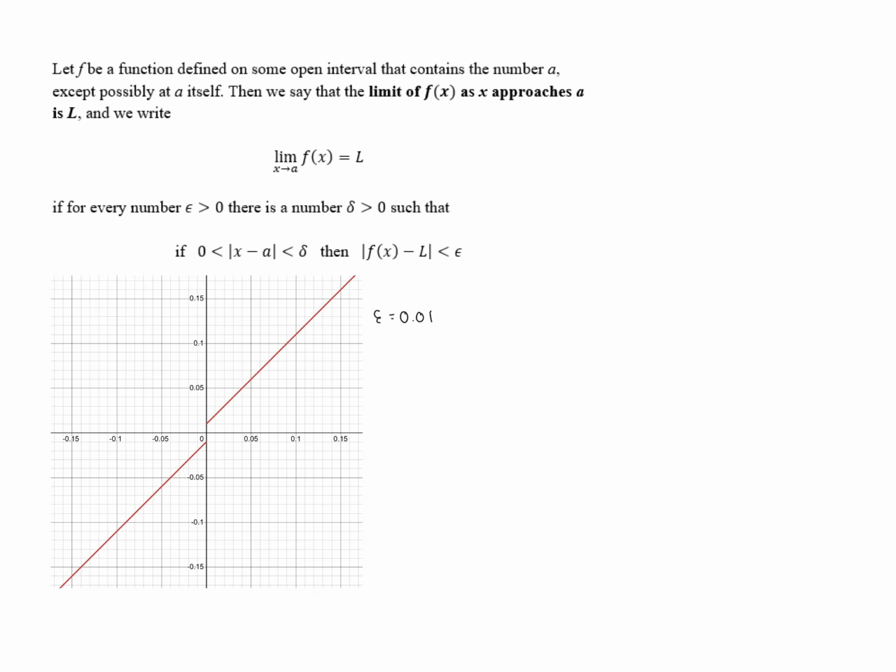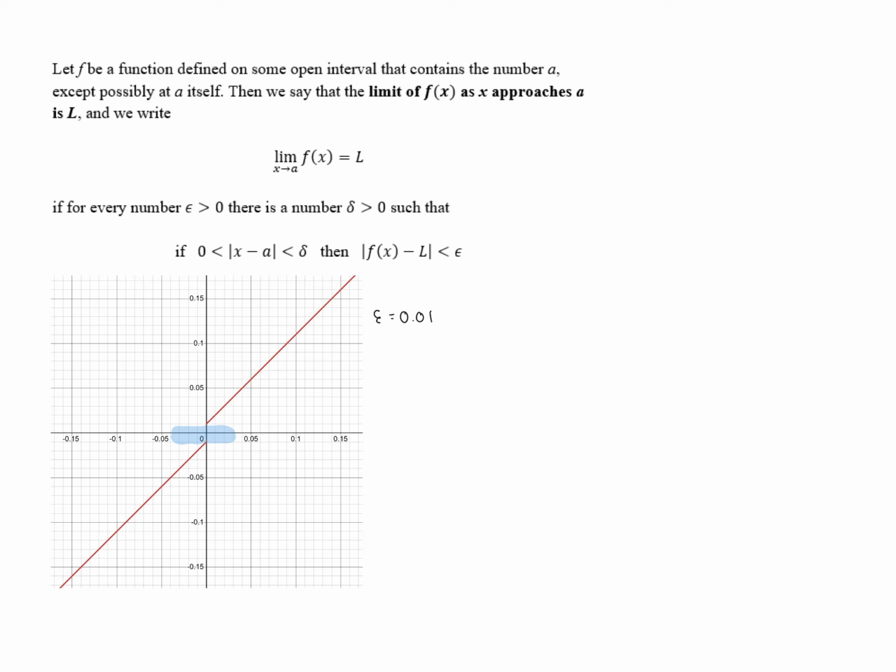then we need x values such that our function values are less than this distance away from the limit. But here's the thing, there is no part of this graph where the function values are less than 0.01 away from 0. Right? Remember, we thought maybe the limit was 0. What we would need is some part of the domain where the function values stayed in between this area from negative 0.01 to positive 0.01.